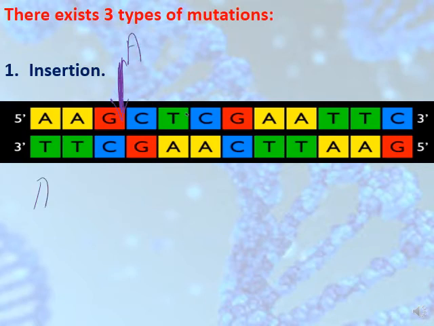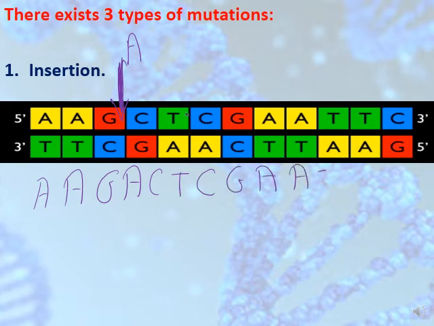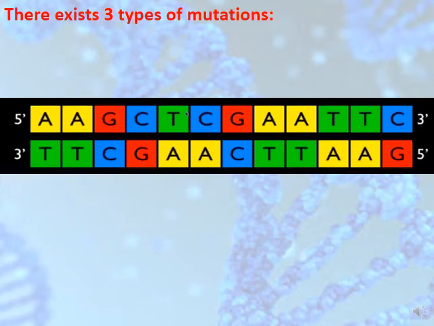It will be A, G. Then I inserted A, C, T, C, G, A, T, T, and we have C. So here we have 3, and 3, and 3. We're still left with 1 alone. This is called insertion. Does it affect the synthesis of proteins and others? We will talk about this in the second video next week.